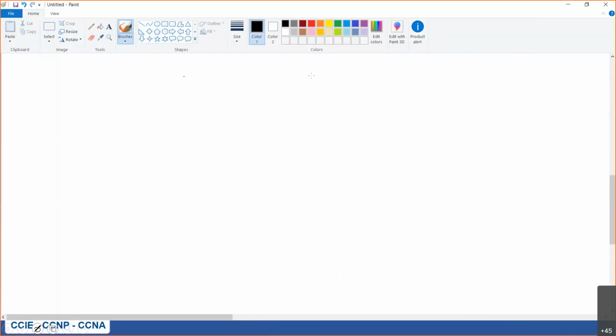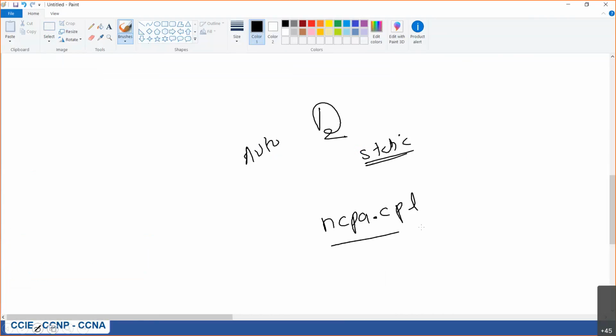Now I'm going to show you how to assign an IP address to your computer. Generally, we get it automatically from DHCP, but if you want to assign it manually, statically, let me show you. Press the Windows key plus R and type ncpa.cpl. Network connections will open, showing the network adapters.